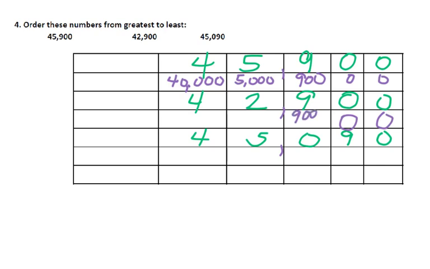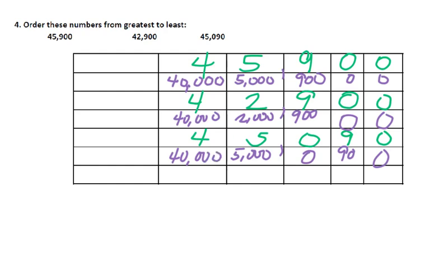Ooh, this is looking the same thus far. Ooh, here's the difference, 2,000, and then I'd have 40,000. And then finally, for my last number, 45,090, if I'm putting the value, that's 0, the 9 is 90, 0 for that 0, the 5 is worth 5,000, and the 4 is worth 40,000.